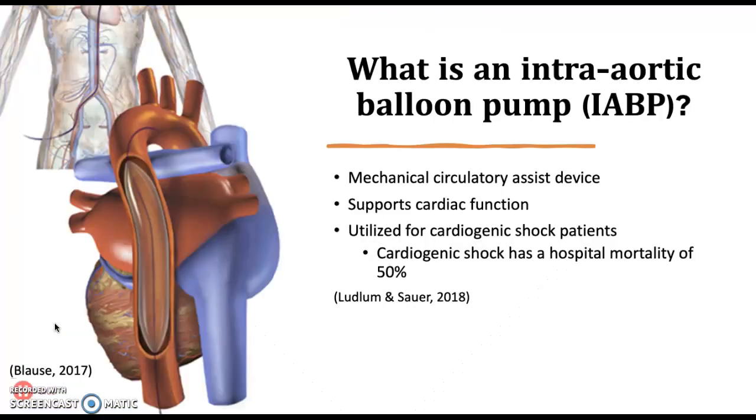So exactly what is an intra-aortic balloon pump, or an IABP? It is essentially a mechanical circulatory assist device. It's for our cardiac patients and helps to support cardiac function. It is utilized for cardiogenic shock patients, and cardiogenic shock is one of the most difficult types of shock to treat and has a hospital mortality rate of 50%.